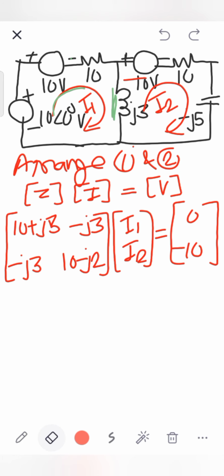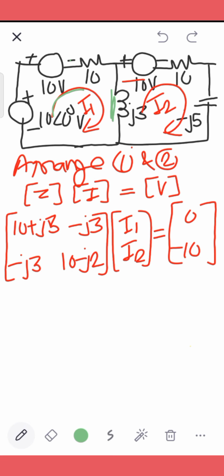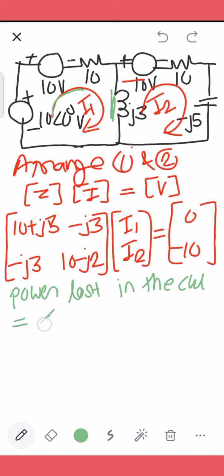Now, in the question, we have to determine the power lost in the circuit. So the formula for this is the summation of I square R. Here R is 10 and 10.